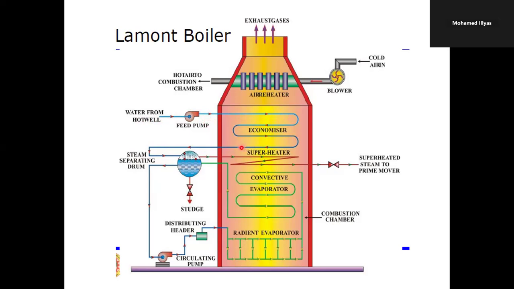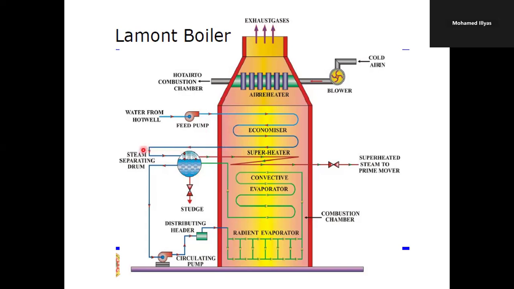And we'll use the heat energy available in the hot gases to preheat the water. So we'll be heating up to around 80-85 degrees Celsius, so that we enhance the economy of the power plant by extracting heat energy from these hot gases.